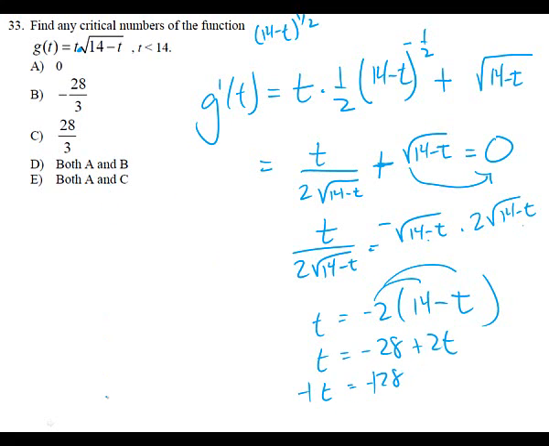What happened? Something went wrong. What happened? We lost a step somewhere. Had to have. Let's see. We subtracted 1 off the exponent, right? We did that right. Oh, I know where there's a mistake.